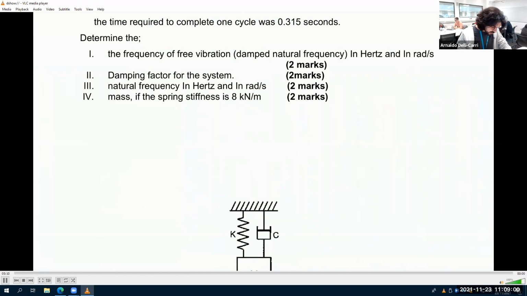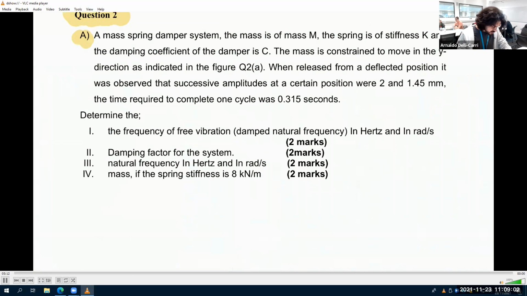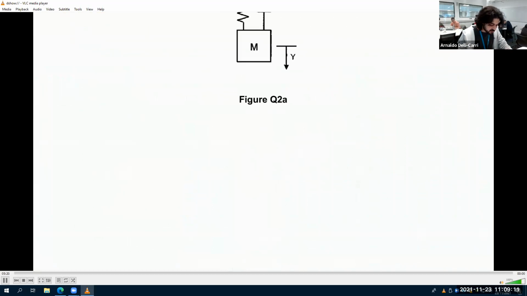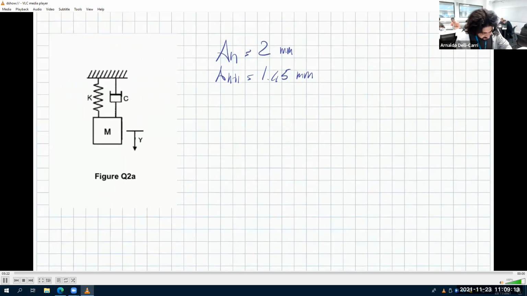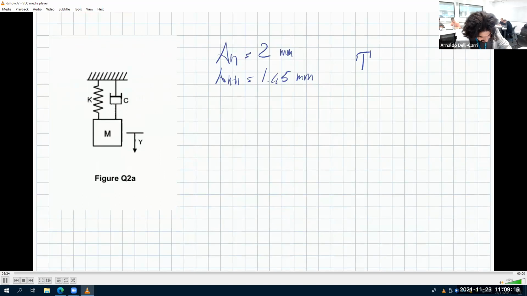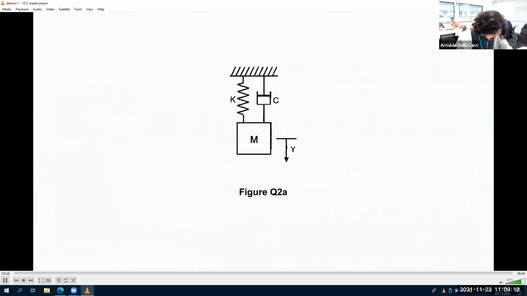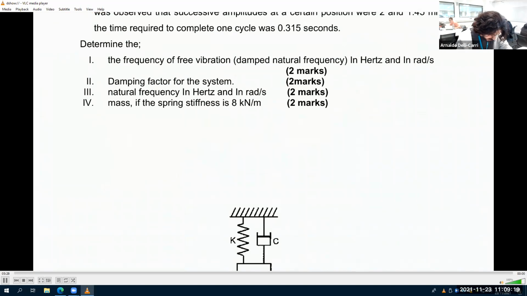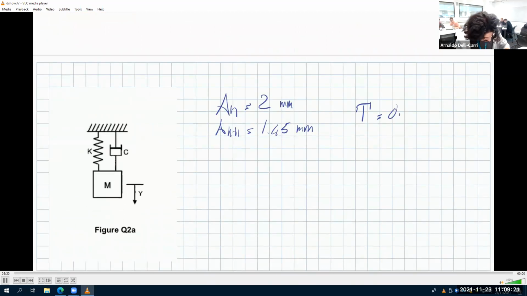We also know the time required to complete one cycle, so the period, called the period capital T, is 0.315 seconds.